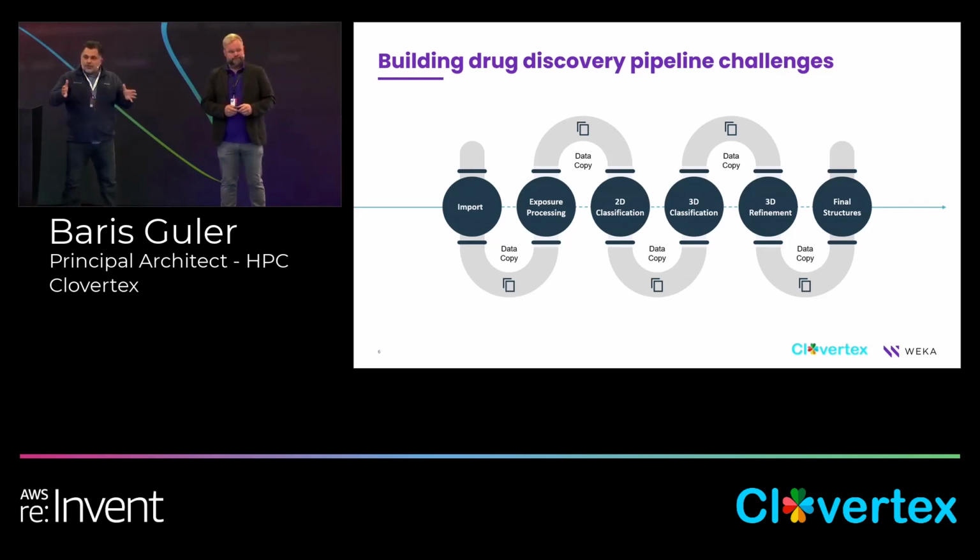During the data processing of the cryo-EM, from the image collection to the model generation, you go through multiple steps of the workflow: importing the raw image files, generating the micrographs, and then doing the 2D classification, 3D classification, and then 3D modeling. Each one of those has different characteristics in terms of I/O profile.